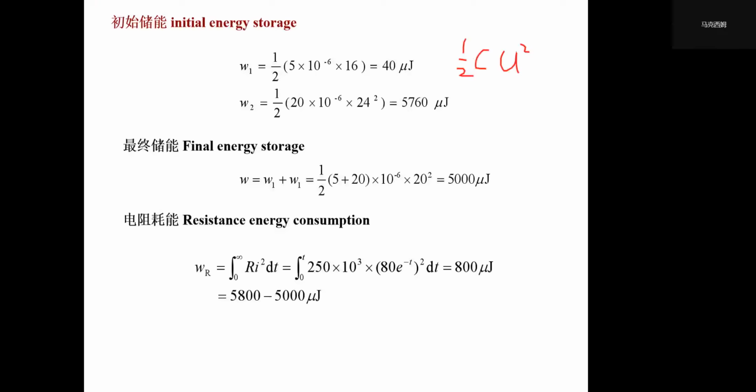So in this example, we calculated it using the equivalent capacitor.